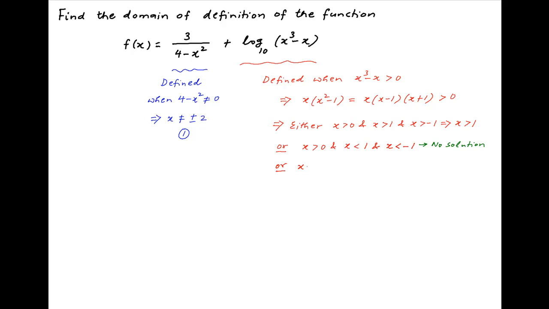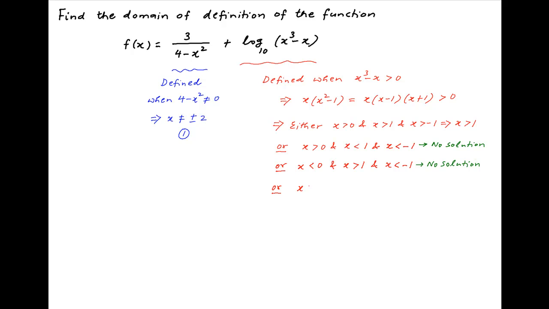The third scenario is that x is negative, but x minus 1 is positive, so x is greater than 1, and the third number is negative, so x is less than minus 1. Again, x cannot be greater than 1 and less than minus 1 at the same time, so this scenario also produces no solution.